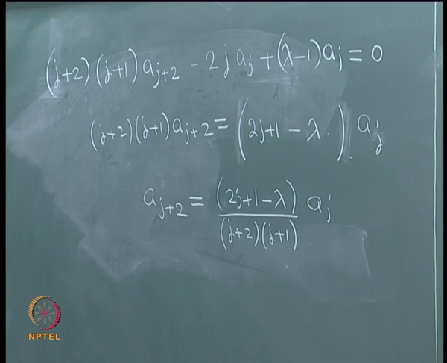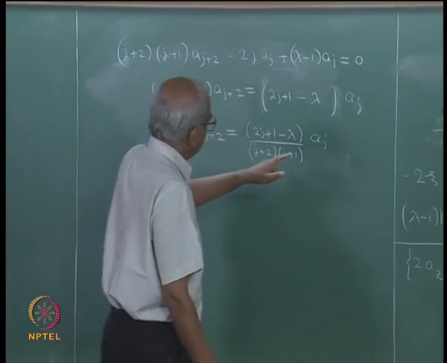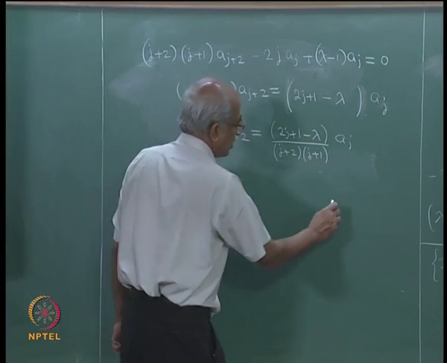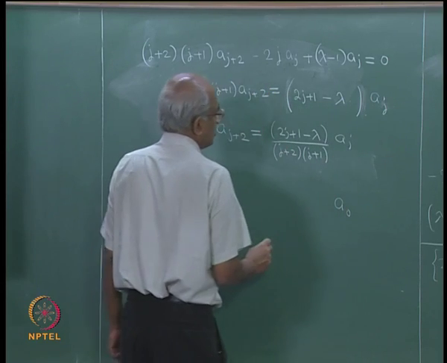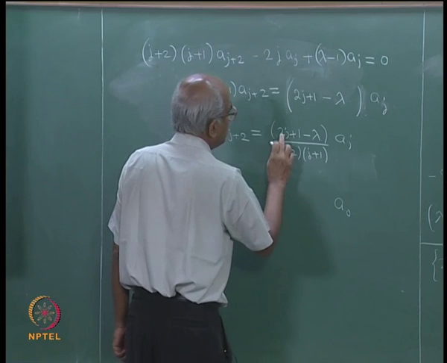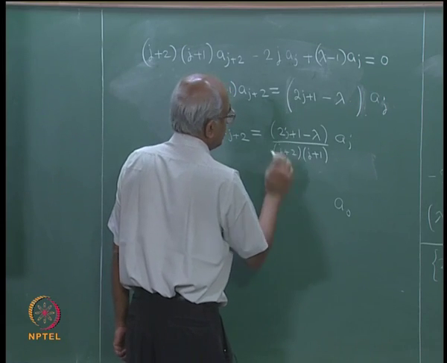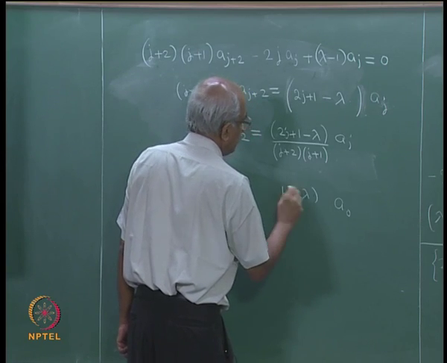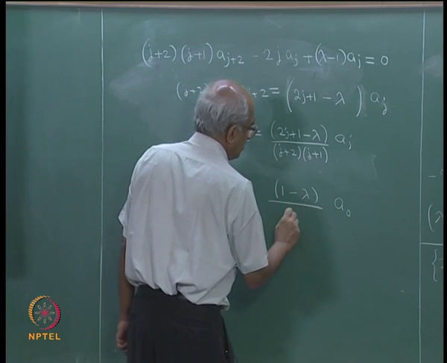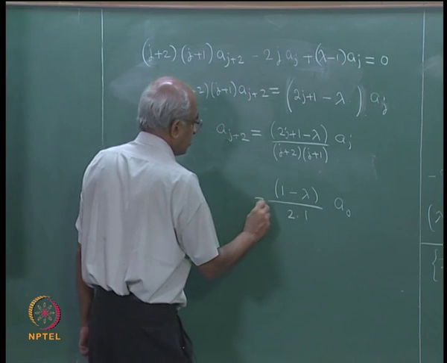Now, look at this condition, it is quite interesting, because suppose I put j equal to 0, what will I get? Let me just illustrate what happens. If I put j is equal to 0, 2j will be 0. So, (1 minus lambda) divided by 2 into 1, times a0, should be equal to a2.